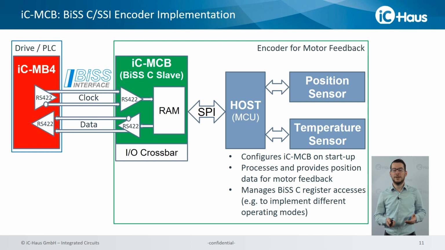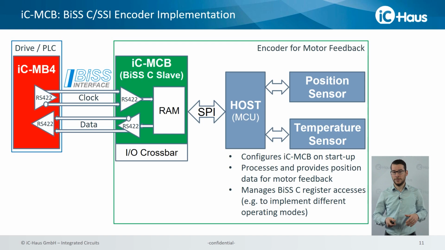Since the position data is typically required in every BiSS frame to perform motor feedback, the host will configure a data channel within iC-MCB for this position sensor data. For the temperature sensor data, we can do the same, so establish another data channel.